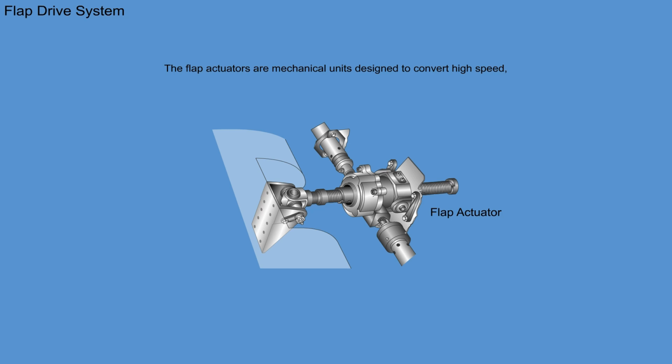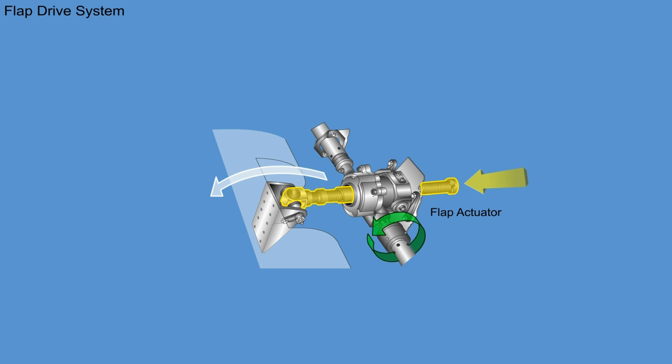The flap actuators are mechanical units designed to convert high-speed, low-torque rotary drive to a low-speed, high-torque linear drive. The flap actuators move the flap surfaces to a selected position and keep the selected position against the aerodynamic forces on the flap surfaces.